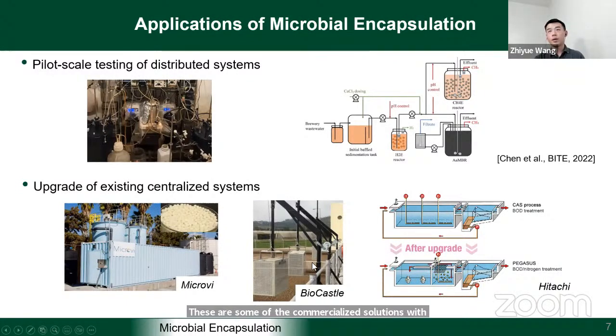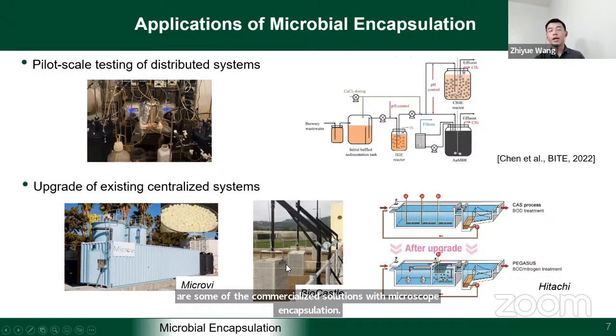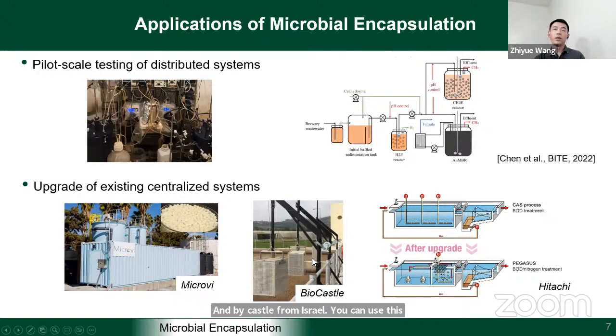And Biocastle from Israel, you can use this cage-like structure to dip the encapsulants into existing infrastructure so that you can have an improved nutrient removal from the system. And also Hitachi from Japan is doing a similar configuration where you add encapsulant, it can be anammox or other bacteria, into the conventional activated sludge system.